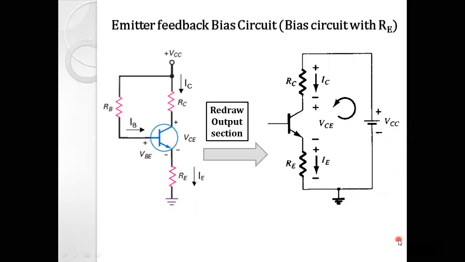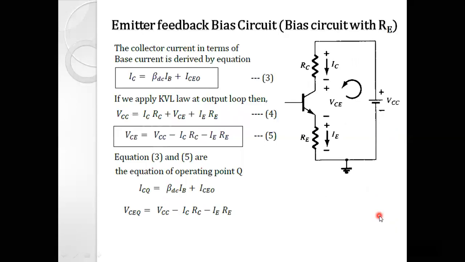Same as the input section, let us apply KVL to the output section. When we apply KVL, starting from the supply, VCC minus ICRC minus VCE minus IERE is equal to 0, right? So when we make VCC the subject of equation, we get equation number 4, and from 4, by making VCE the subject of equation, we get equation number 5, which is nothing but one of the coordinates of the operating point, VCEQ.